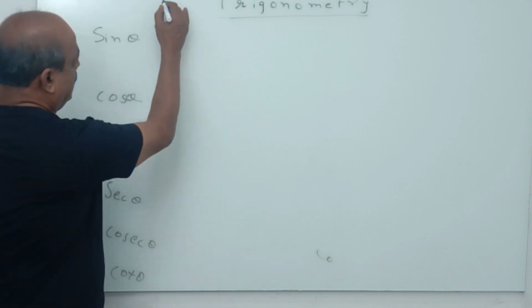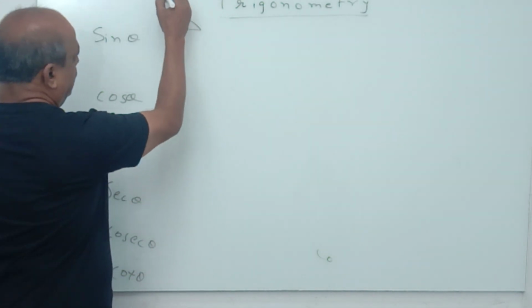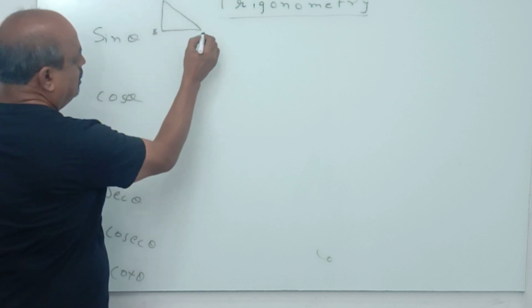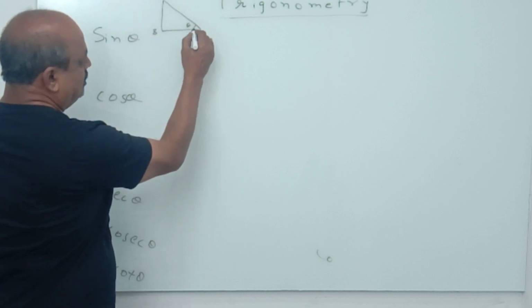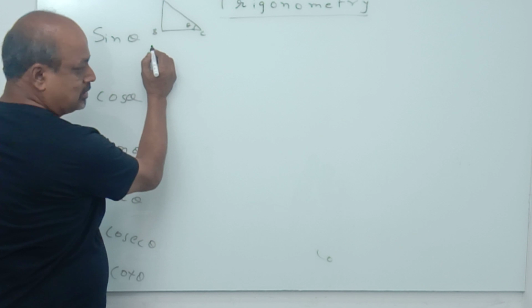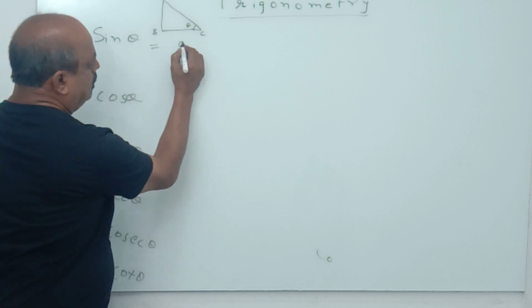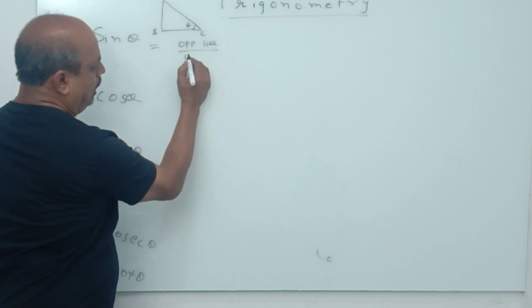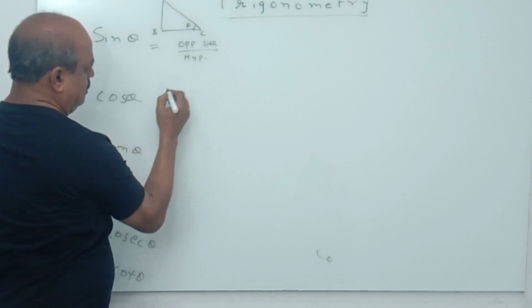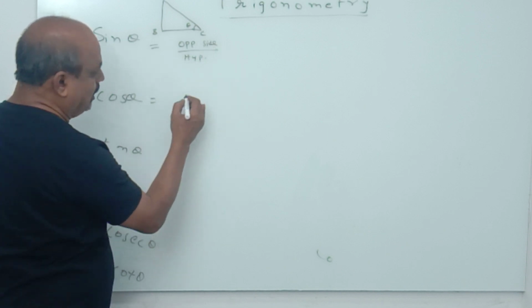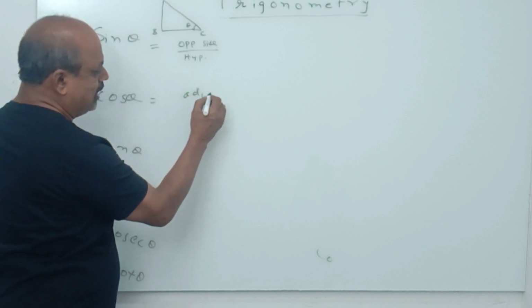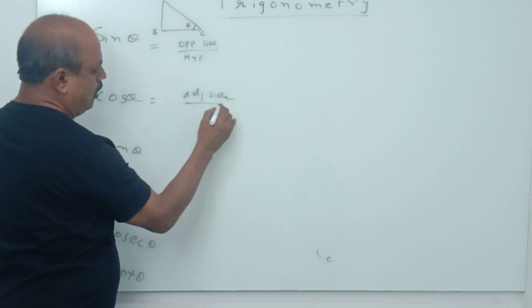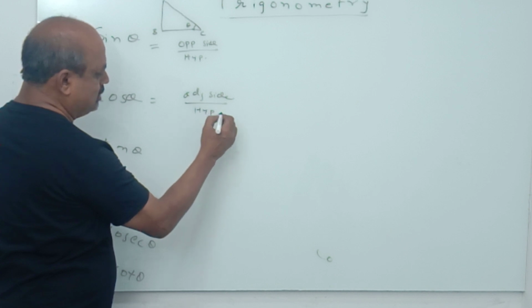So I will draw one right angle triangle named ABC. Let angle C measure theta. The sine theta is equal to opposite side upon hypotenuse. Then cos theta is adjacent side upon hypotenuse.